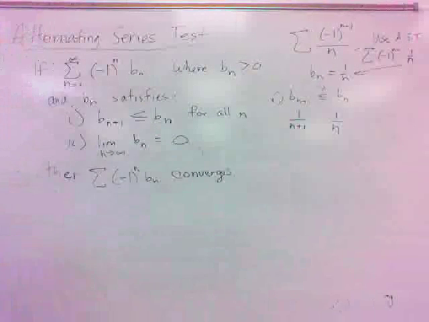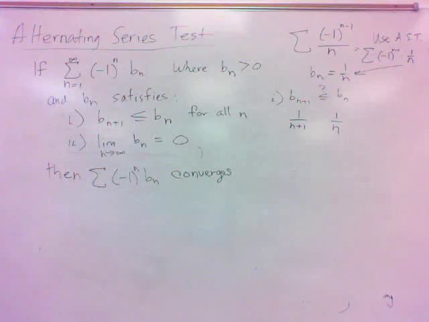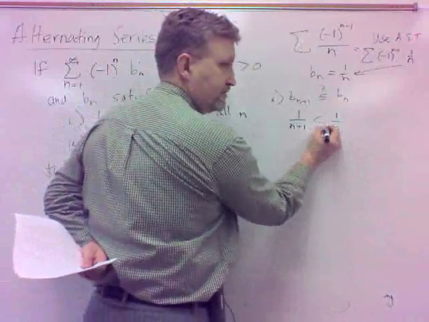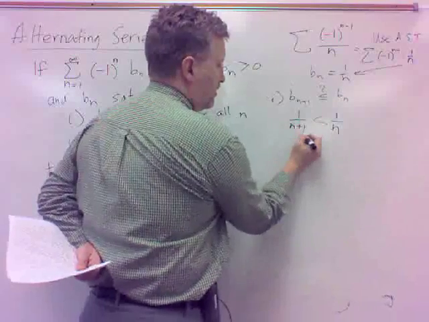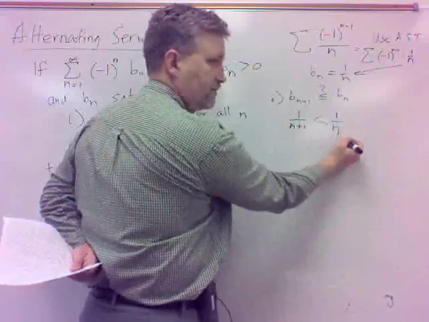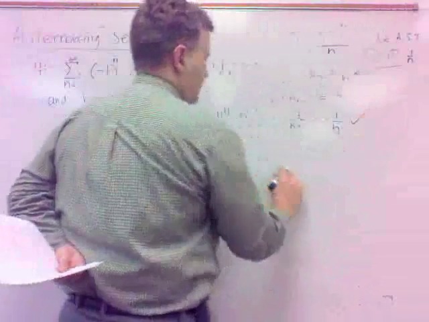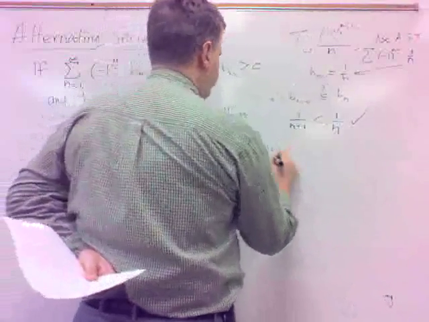Is 1 over n plus 1 less than 1 over n? Yeah, because you've got a bigger denominator. 1 divided by a bigger denominator is going to be smaller than 1 over n. That's true. Check.